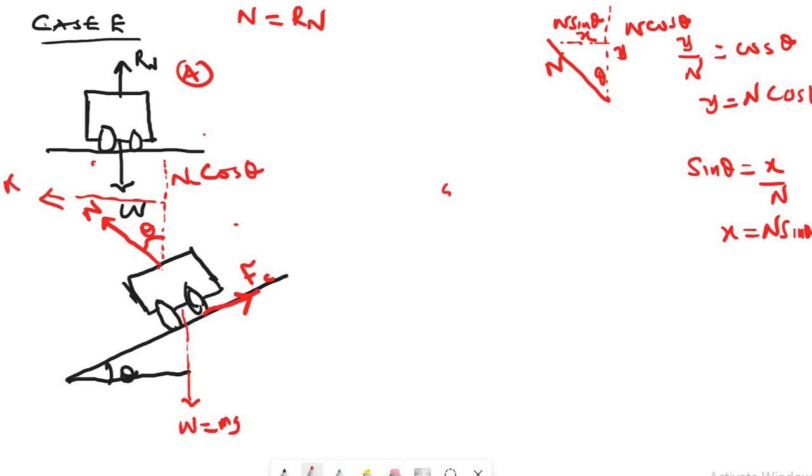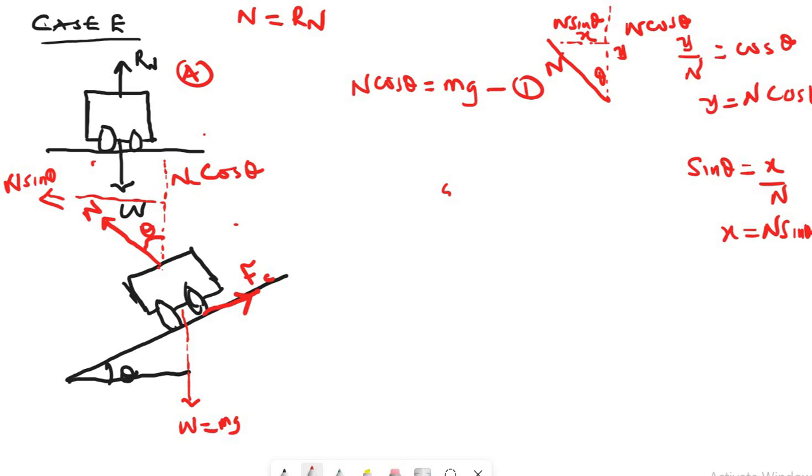Horizontal is N sin theta. Now we check the diagram. N cos theta will equal mg, equation 1.